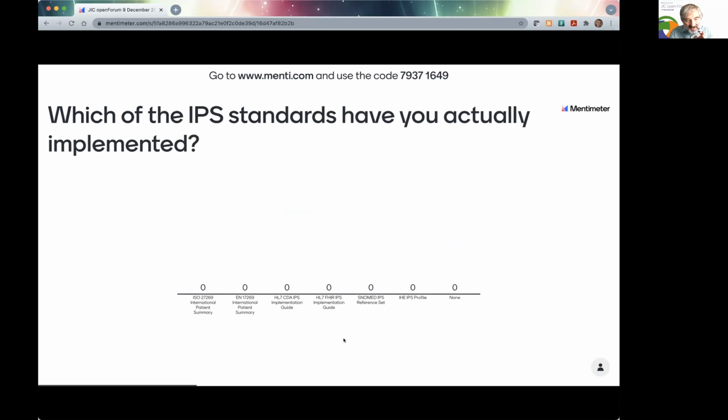So this is what you know, and now the question is, which of those have you actually implemented? And this is now getting a bit more interesting, because we have the impression that IPS is a great standard, that it has a huge potential, and that it's well recognized everywhere, but that it's just starting to be implemented.